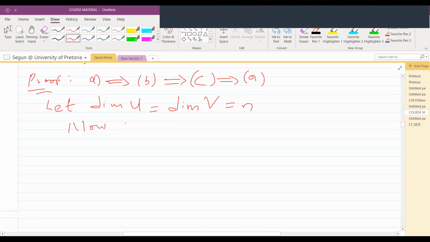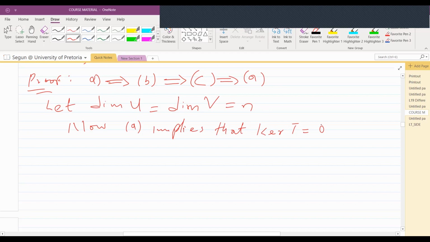Now, A implies that the kernel of T is equal to 0.